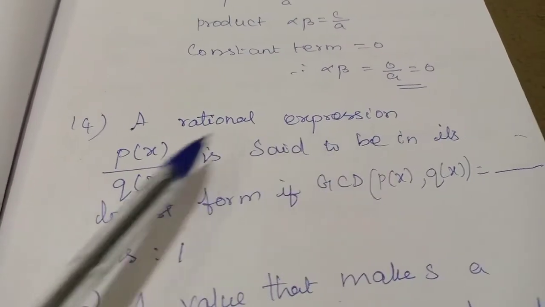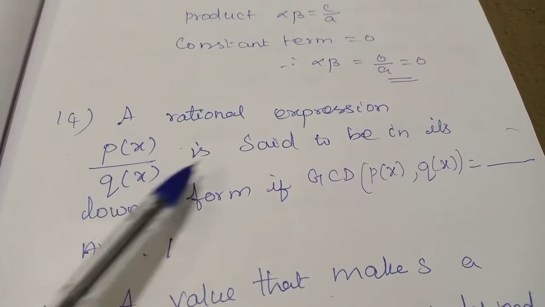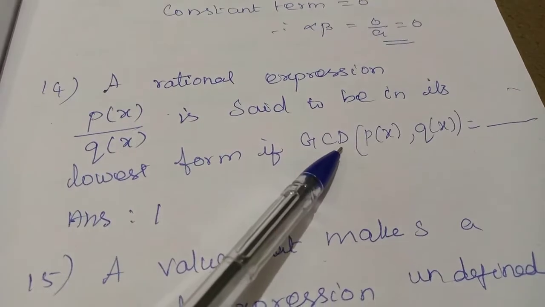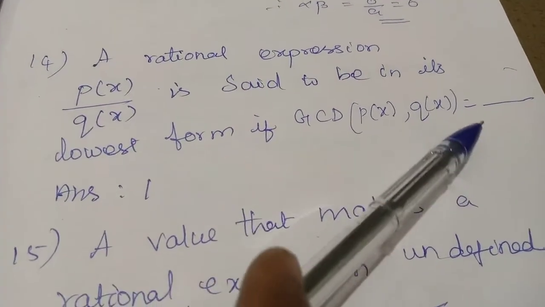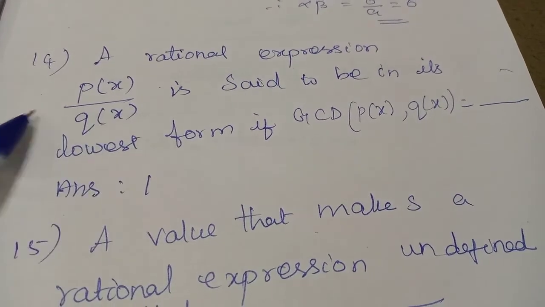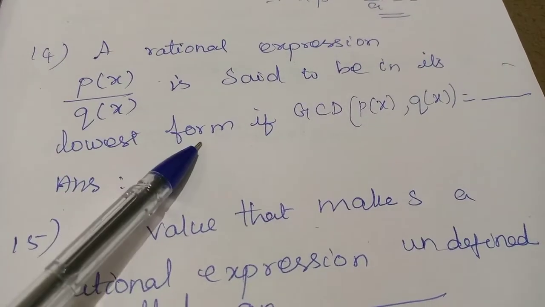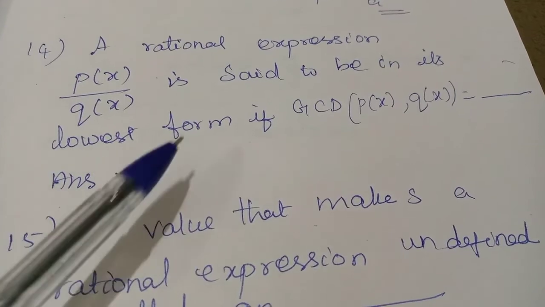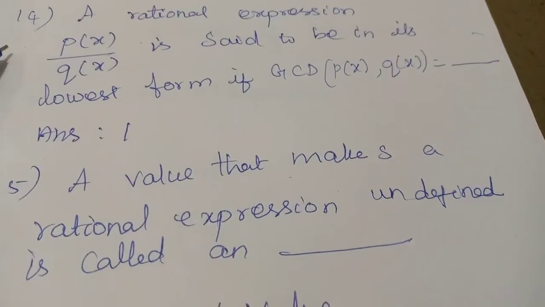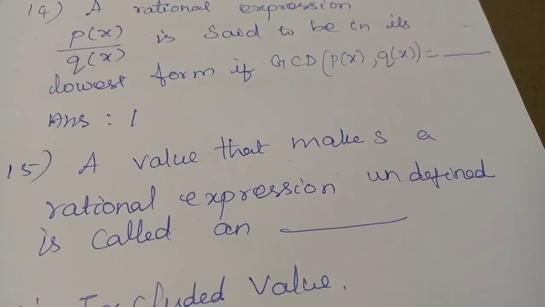A rational expression p of x by q of x is said to be in its lowest form if GCD of p of x comma q of x equal to dash. If the GCD is 1, it can be said to be in lowest form. GCD of p of x comma q of x is 1, so we can say p of x by q of x is in the lowest form.